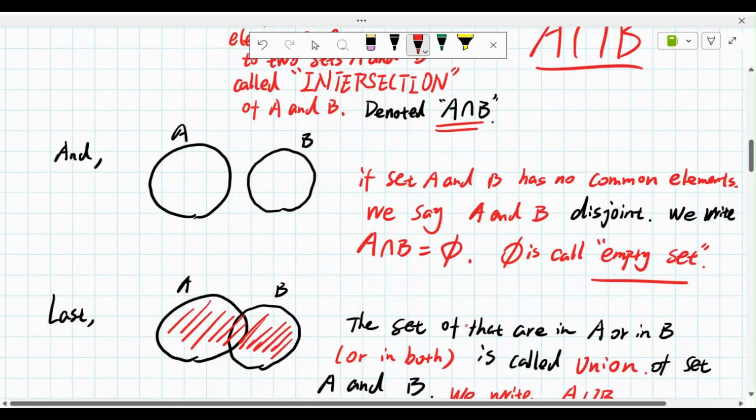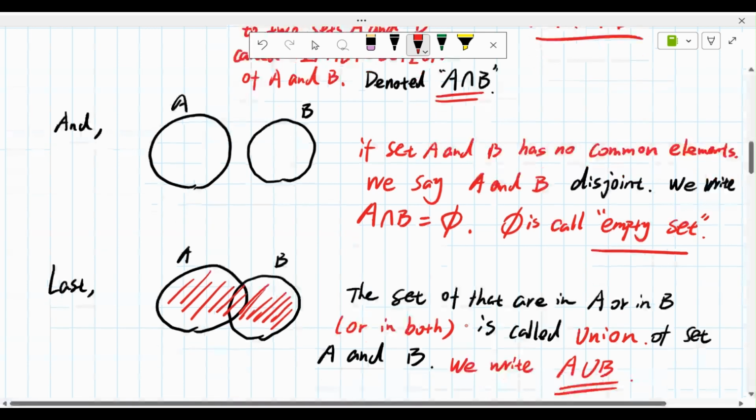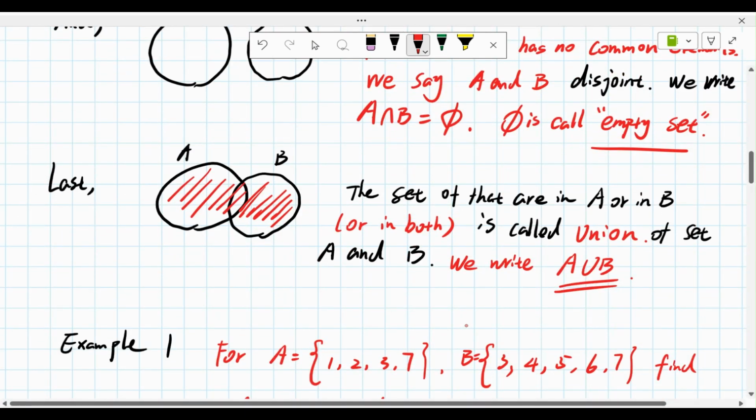So A intersection B is empty. You need to know and be familiar with a couple of these, so make sure during practice you know what they represent.